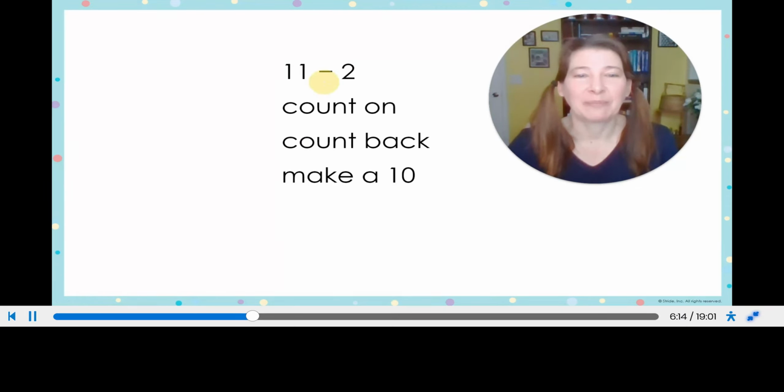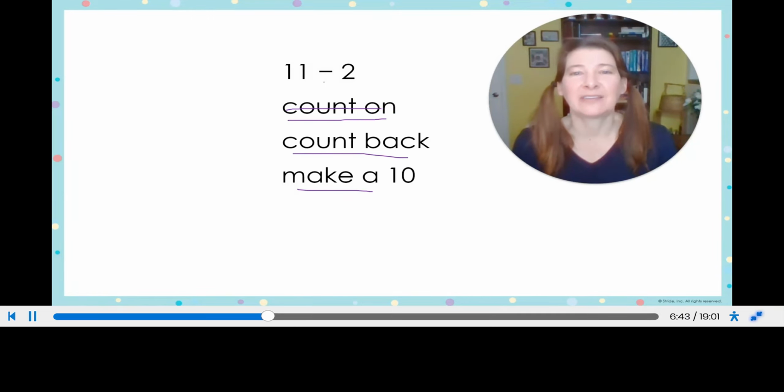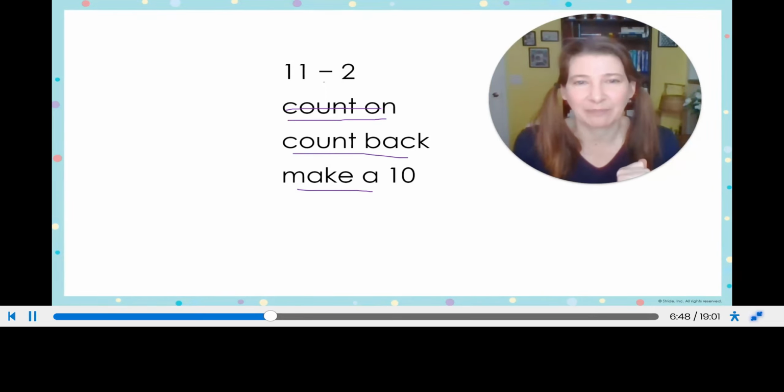How about this problem? 11 minus 2. What do you think makes sense? Would you count on? Would you count back? Or would you make a 10? What about counting on? I don't think that's the best one for this. You could do it, but it seems like you're going to have to count a lot because you're starting way down at 2 and you've got to count all the way up to 11.